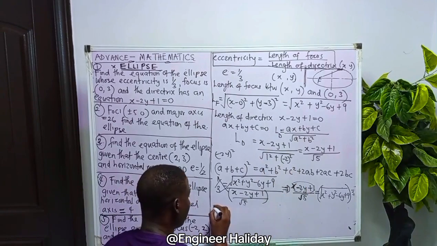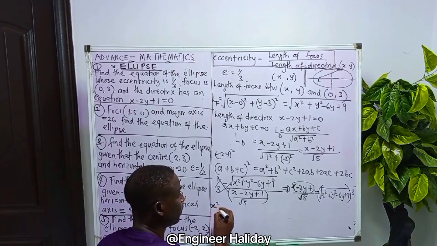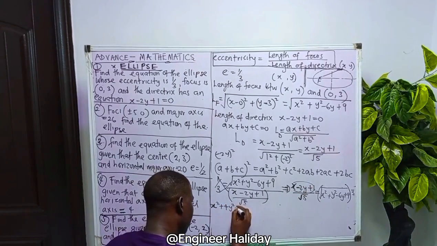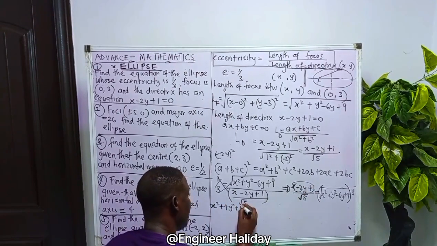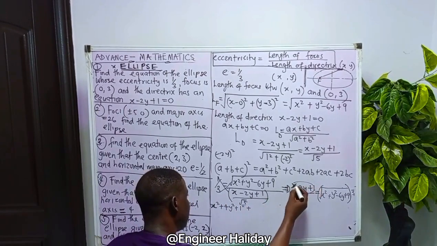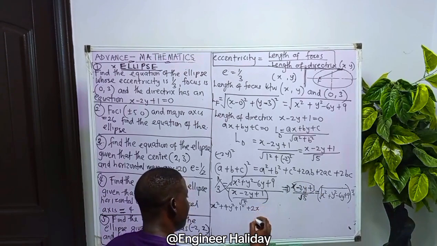The principle is, I square this one, I would have s square. Square this one, I would have plus 4y square, then plus 1 square, then plus this one multiplied by this one, s times 1, you have 2s.